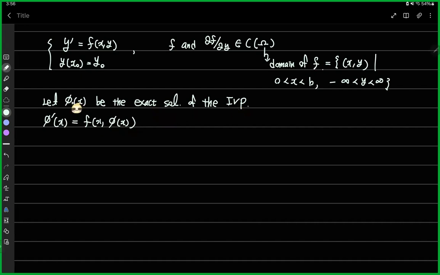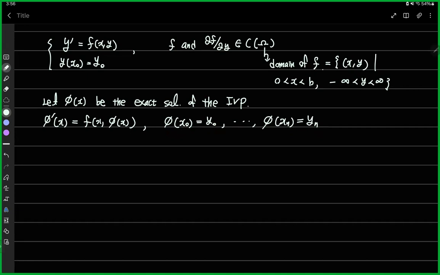When you plug phi into the differential equation, the derivative of phi must be equal to f of x comma phi, right? That's what we got. And then phi of x0 is equal to y0. Phi of xn must be equal to y sub n.